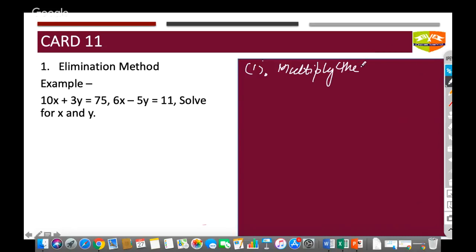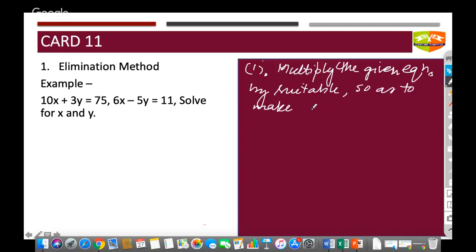So what I'm writing here is: multiply the given equations by a suitable number. Why do I need to multiply with a suitable number? So as to make the coefficients of one unknown, or one variable, equal.